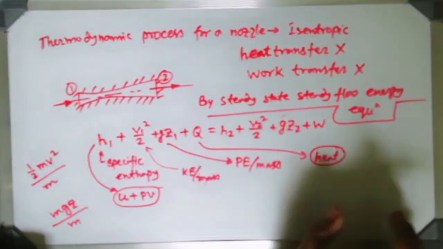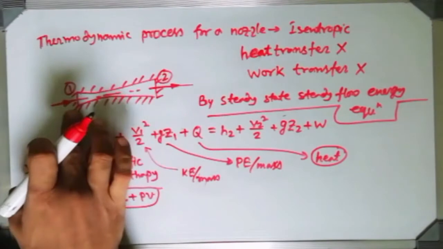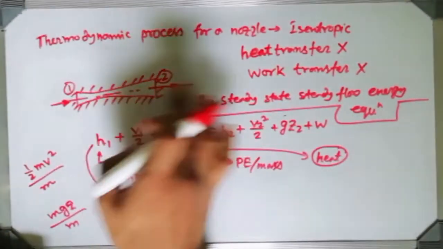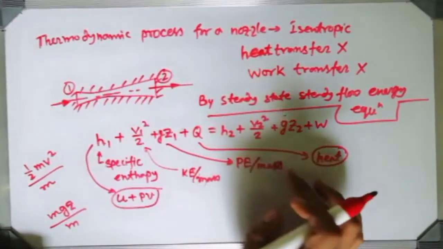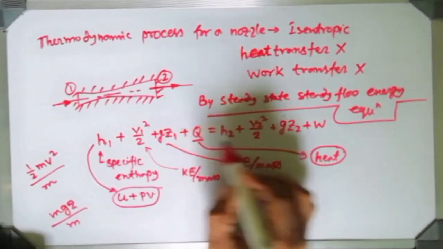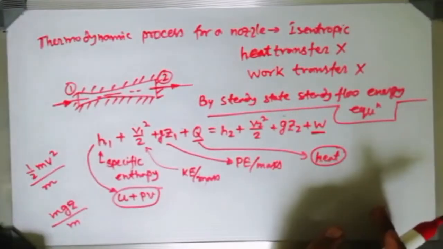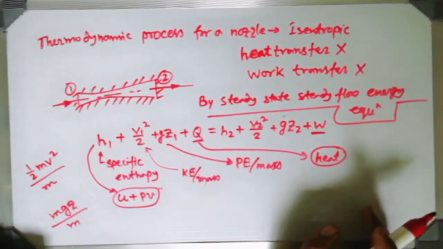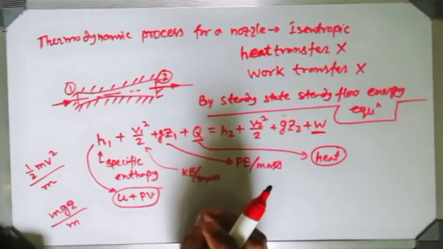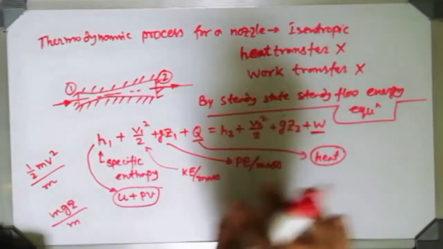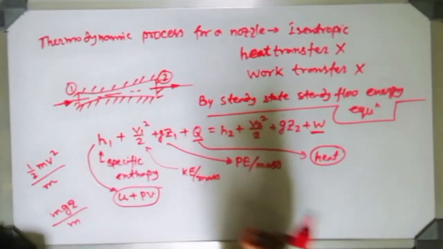Subscript 1 means the inlet and subscript 2 means the outlet, and you can see that if some heat is there, some work will be produced. That's why Q is replaced by W, nothing else. Obviously if you supply some amount of heat, some work will be produced, no option is there.